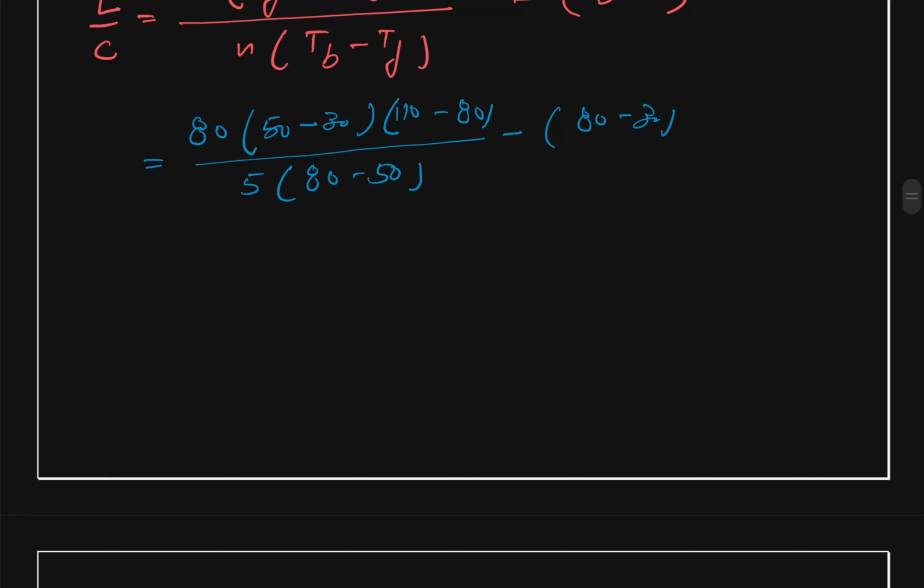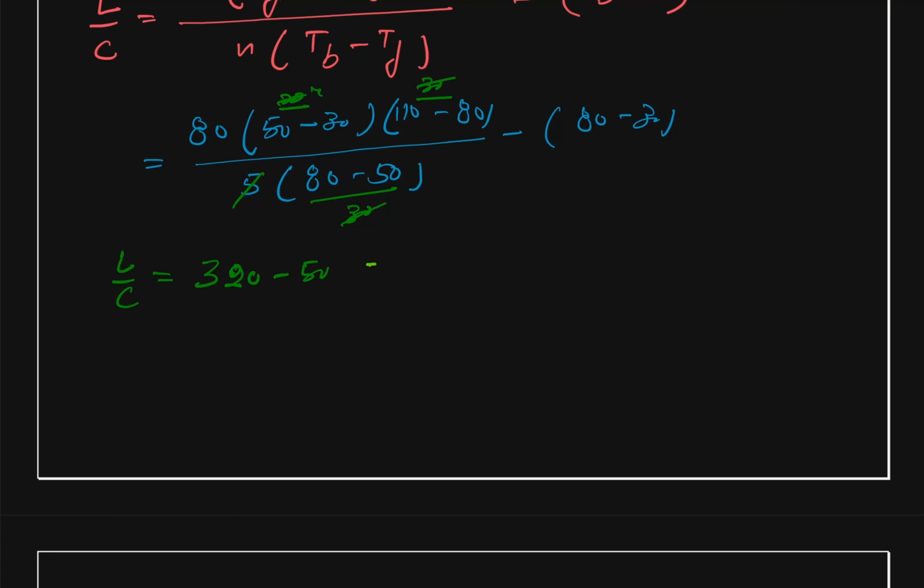Therefore, we get this ratio L upon c will be equal to, this will be our 20, and this will be our 30, and this will also be 30. So this 30 and 30 go away, and this goes by 5, goes by 4, so this will be 320 minus 50.